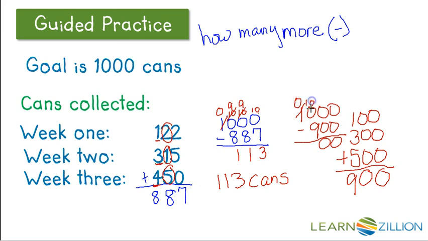Borrow, it becomes 10. 10 minus 9 is 1. So approximately 100 cans left. Those are very close numbers. So we know that we have done the correct work here, and our answer is reasonable. And we are always looking for reasonability with our answers.